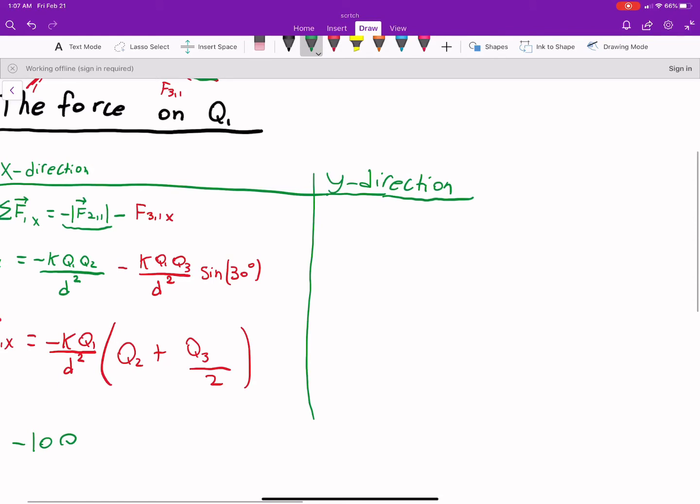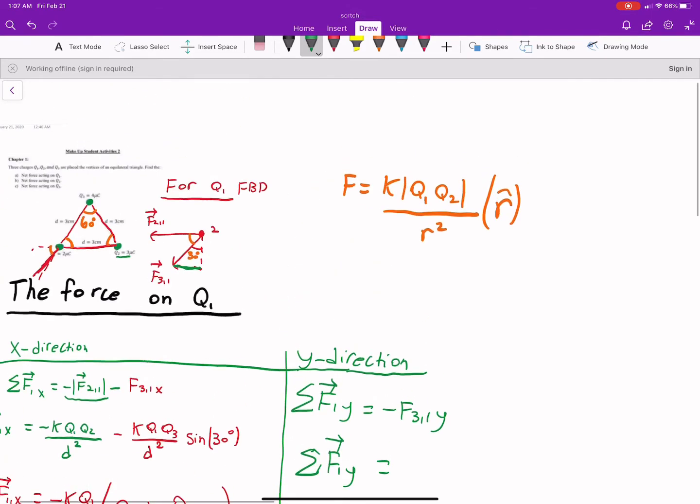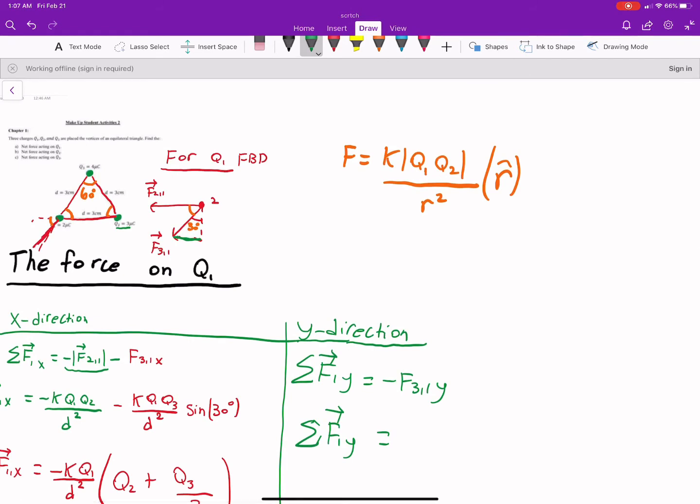Okay, so with that in mind, sum of all forces on 1 in the y direction. Well, there's only one force, so it's minus F31y, right? 2 isn't acting in the y direction. If we look at our free body diagram, it's just 3.